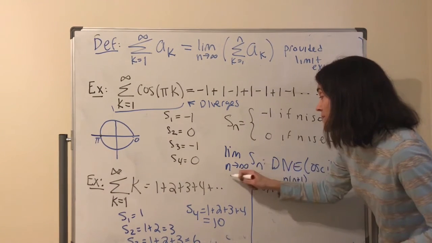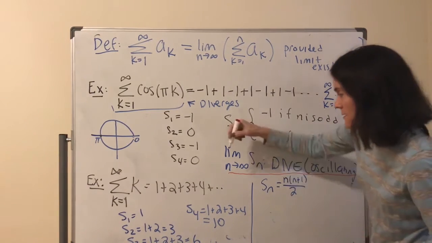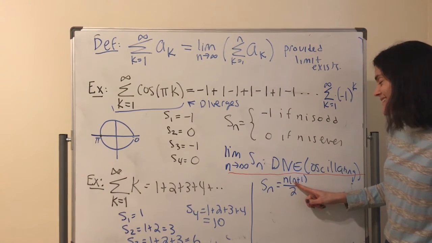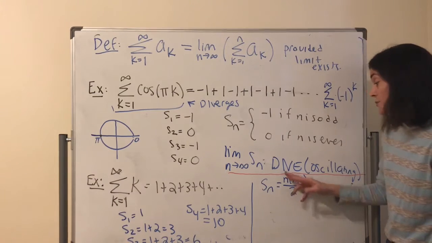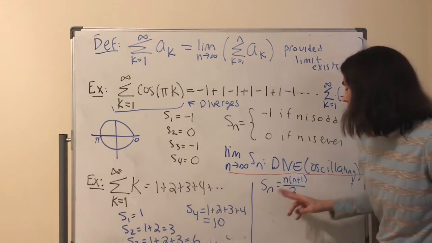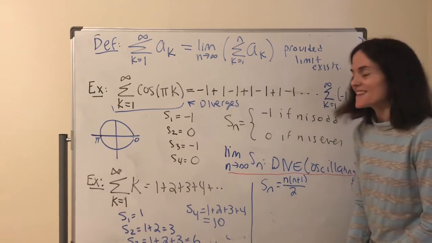If you add up the first n integers, you could certainly check it. If you did 1 times 2 over 2, you get 1 here. If you did 2 times 3 over 2, you get 3 here. Let's do another one, 4. 4 times 5 over 2, 20 over 2, you get 10, like this.